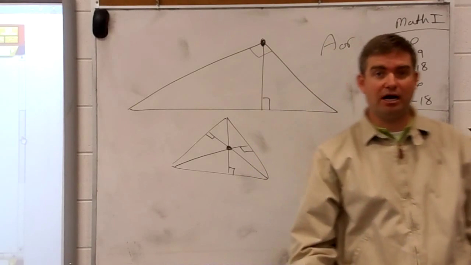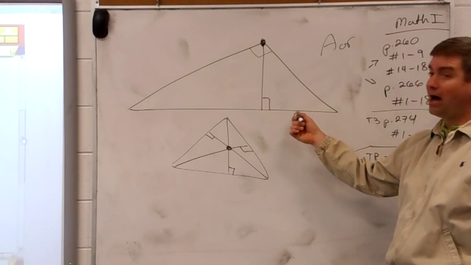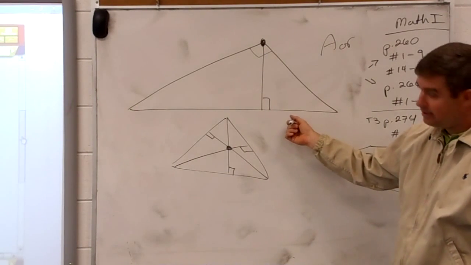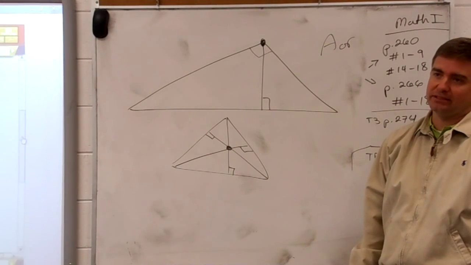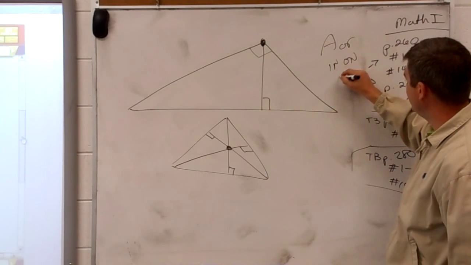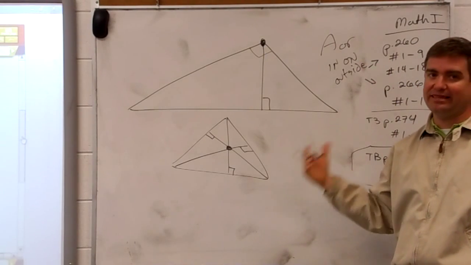If it's an acute triangle, then where is it? On the inside. If it is a right triangle, where is it? On it, not on the hypotenuse. It's on the vertex this time. And if it is obtuse, where is it? Outside. So it's in, on, or outside the triangle. And the good news is, that's it.